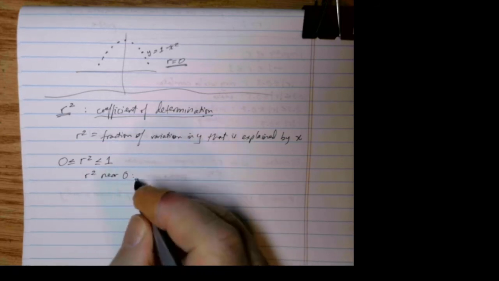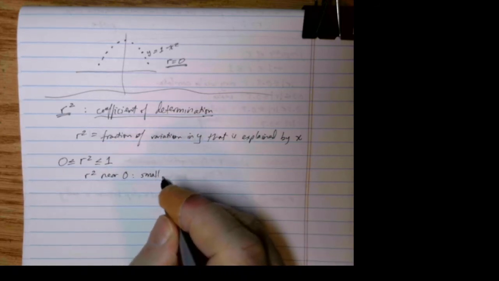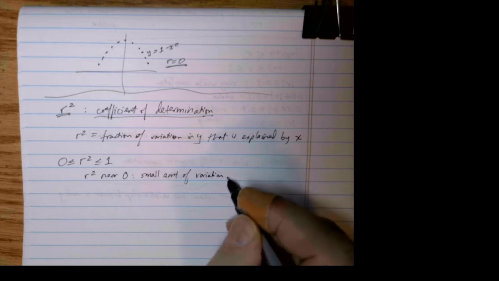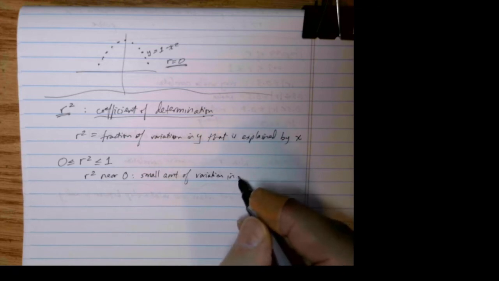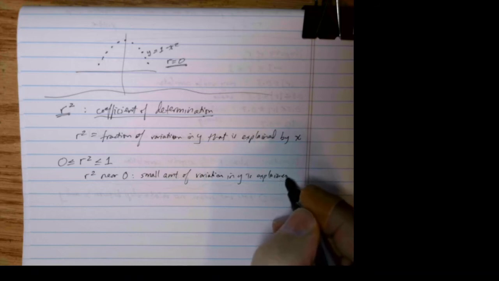When r squared is near 0, that means a small amount of variation in y is explained by our model.